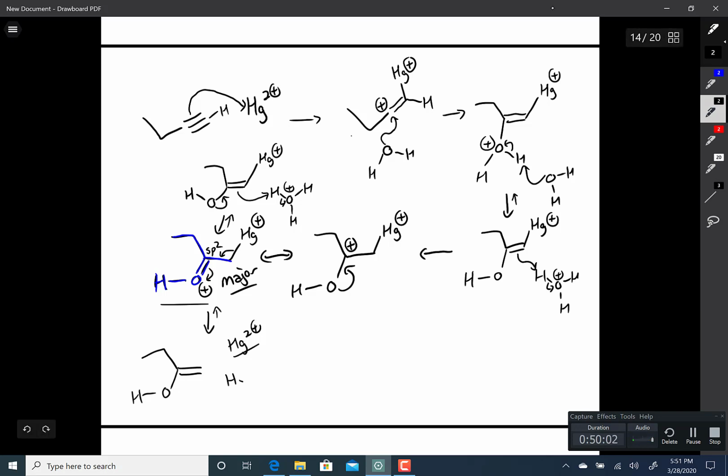This is the enol. So we do what's called the acid catalyzed tautomerization process. We've sort of done it before. The electrons from the oxygen swing down, kick these electrons over to the H, and over to there.